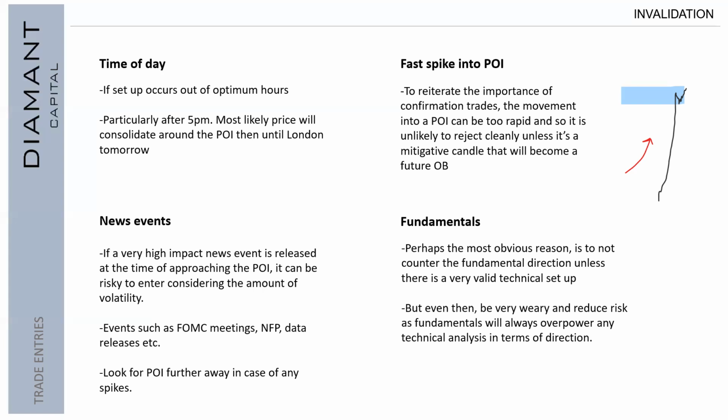News events can cause a lot of volatility, and your point of interest might be the perfect one, but with the amount of price movement at the time, you might get 20 pip moves in just a few candlesticks. So you've got to reserve yourself, wait till after the news event and then see what entries you can get into, rather than have a limit on during that news event.